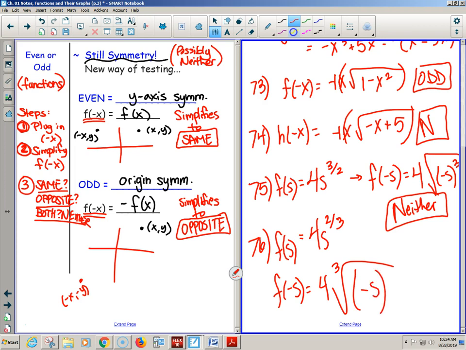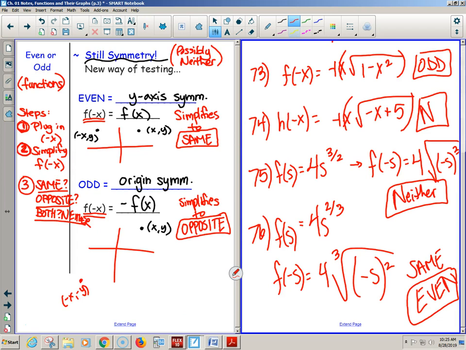But it doesn't really matter because what happens to that s that's being squared anyway? The negative s becomes positive. Same. And since it's the same, what does it become? Or what is it by definition? Even.